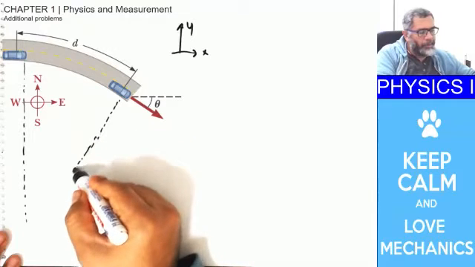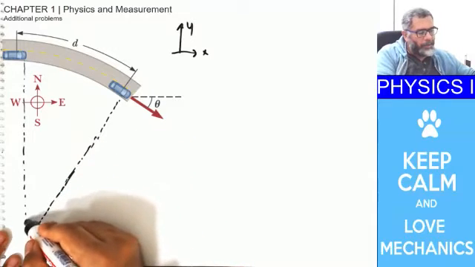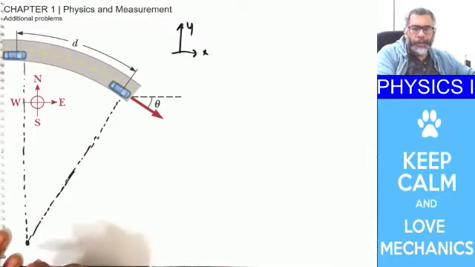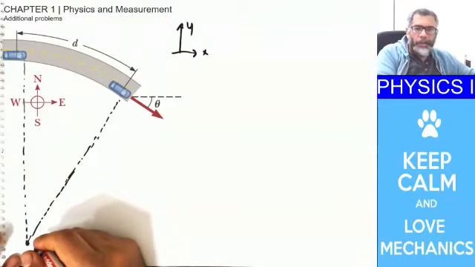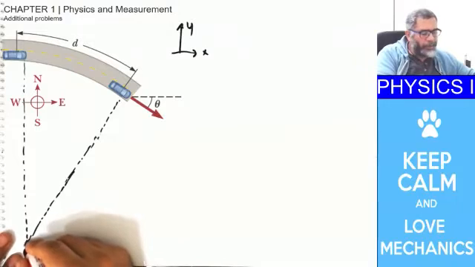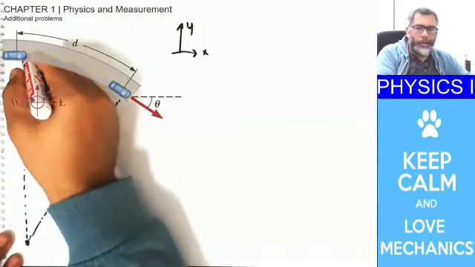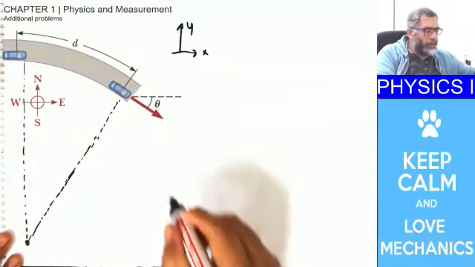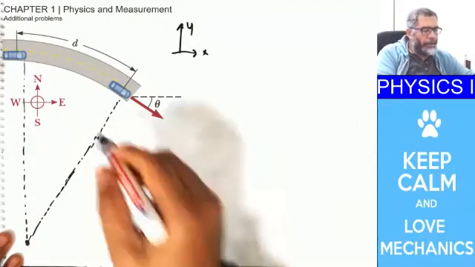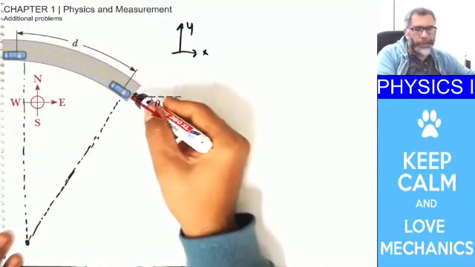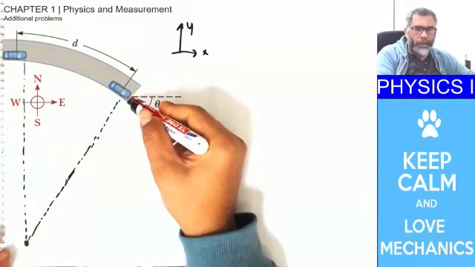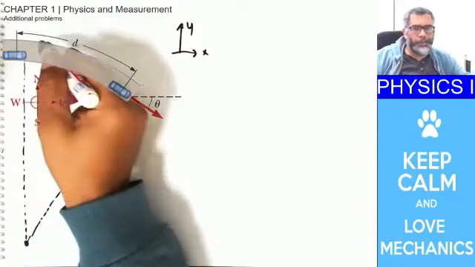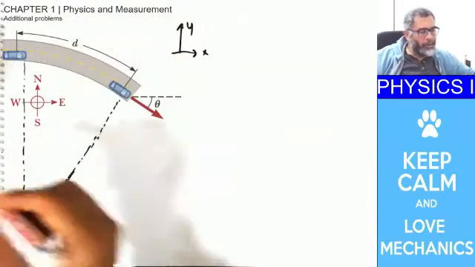You will see that these two lines intersect at this point, and you can easily say that this point is the center of the circle, the center of the circle that the car is trying to complete. If the car goes in the same fashion on this circular track, it will come to the initial position after a while anyway.